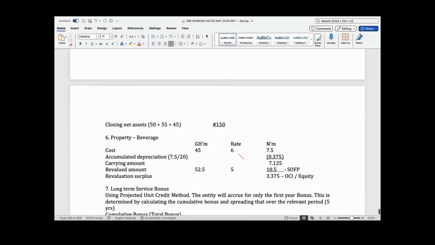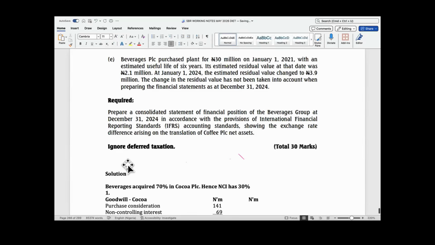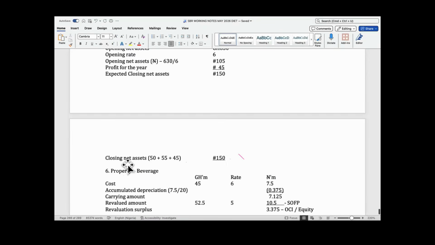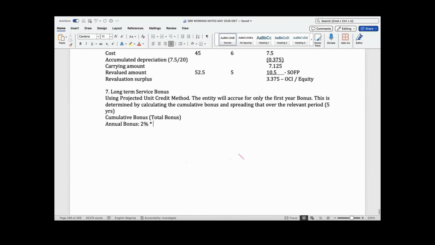And I'm told that the annual salary is 60 million. So times 60. How much is that? 1.2. Okay.